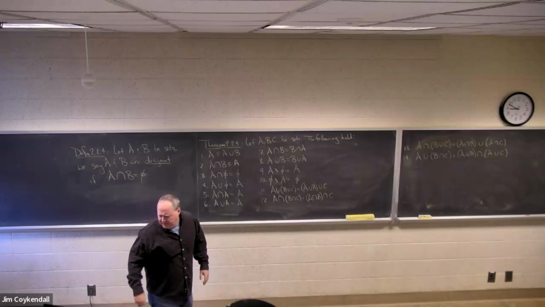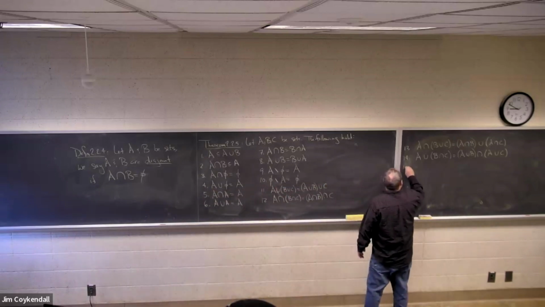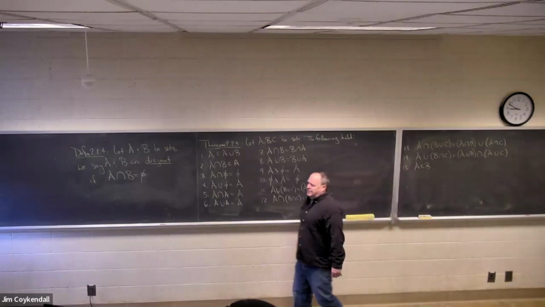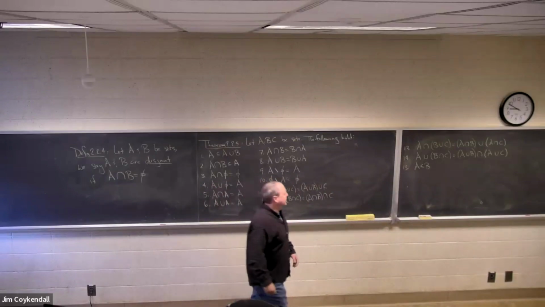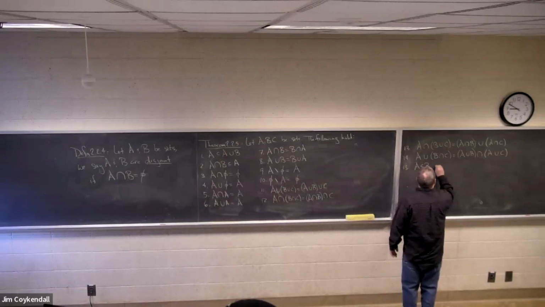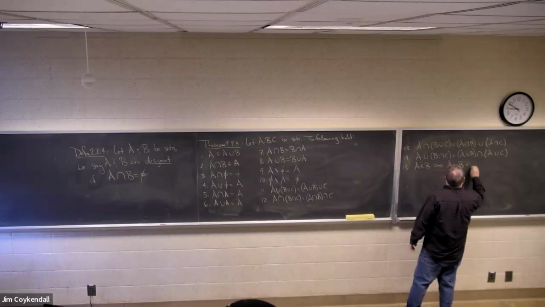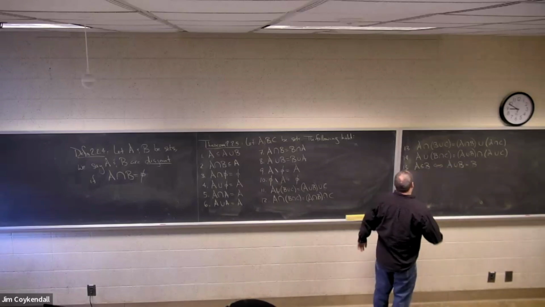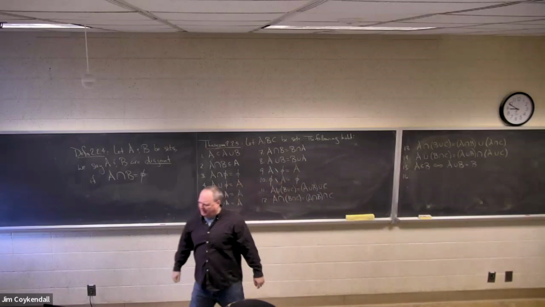A is contained in B. This seems kind of obvious, but it is actually useful. If A is contained in B, when you union the two, you don't get anything new, so it's just the bigger set.